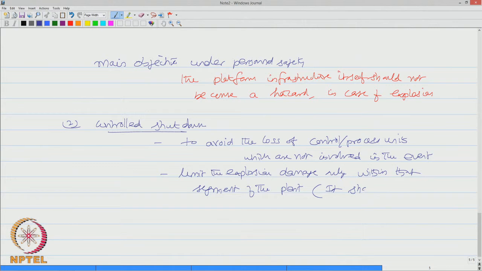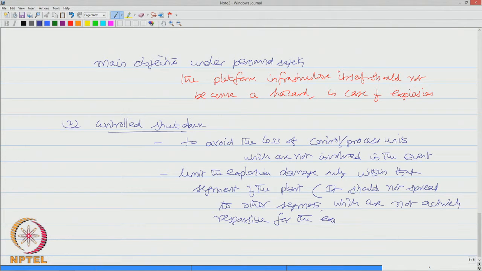It should not spread to other segments which are not actively responsible for the explosion. On the other hand, passive threats should be limited.